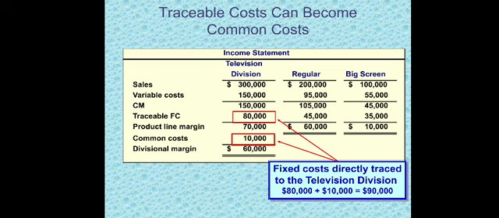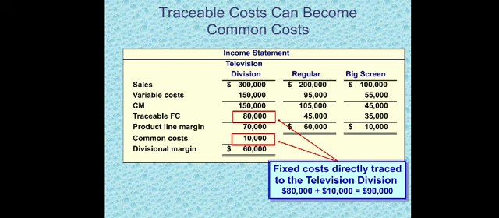But when you have to prepare or show segments income statement under the television division, then you have to be aware that the 90,000 fixed cost that you have seen in the previous slide can be divided, or it contains two types of fixed costs: traceable fixed cost and common fixed cost.